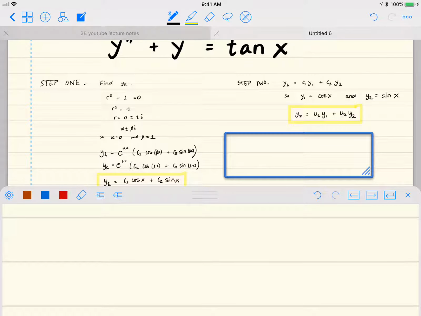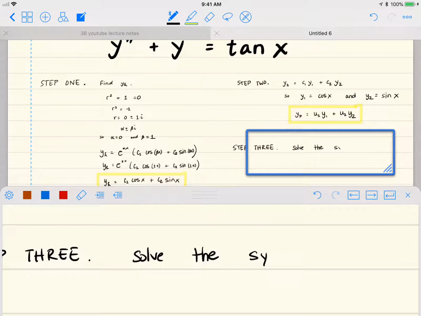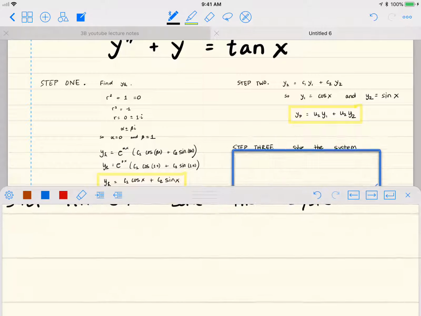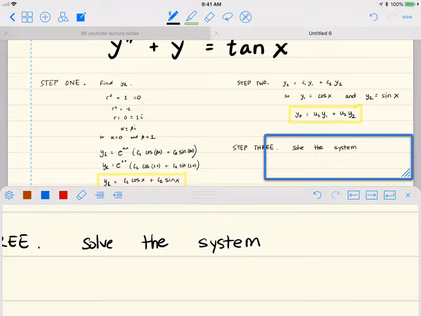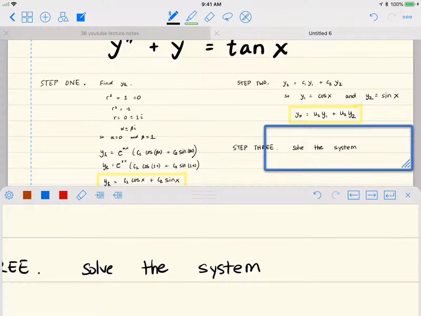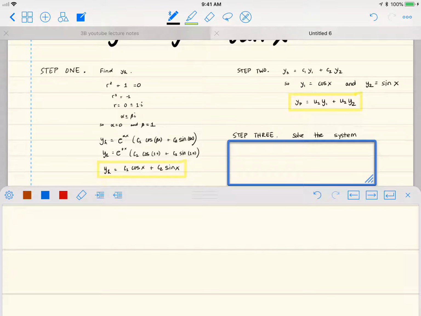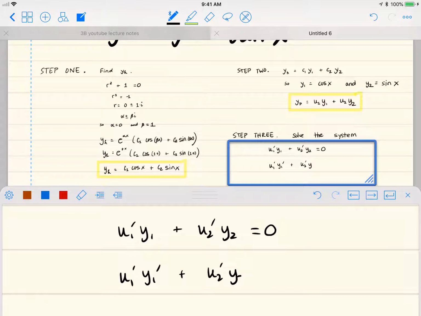And we can move on to step 3. Step 3 is to solve the system of equations, and our system is going to be u1 prime y1 plus u2 prime y2 equals 0. u1 prime y1 prime plus u2 prime y2 prime equals f of x.